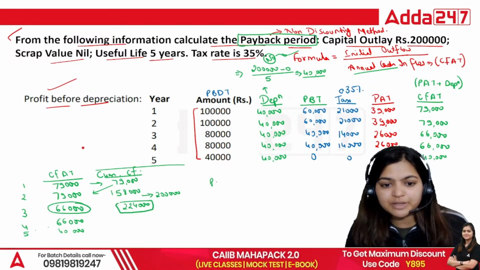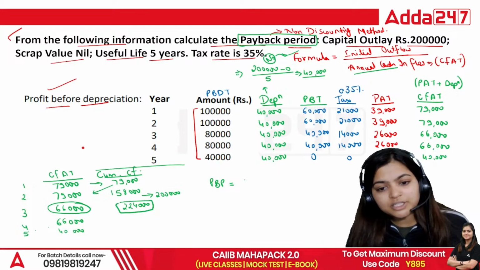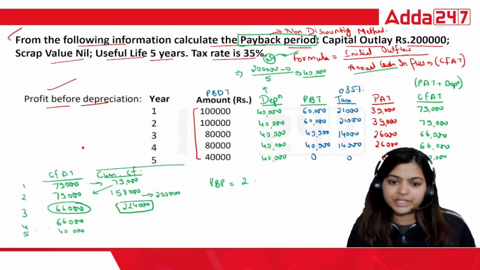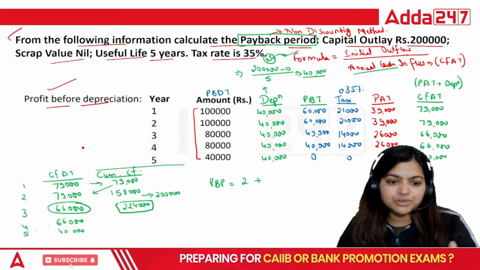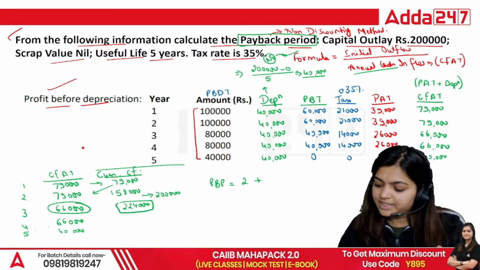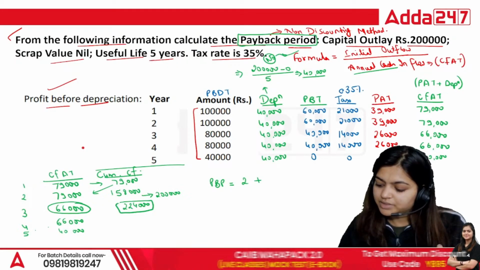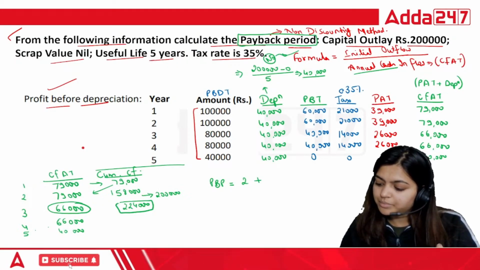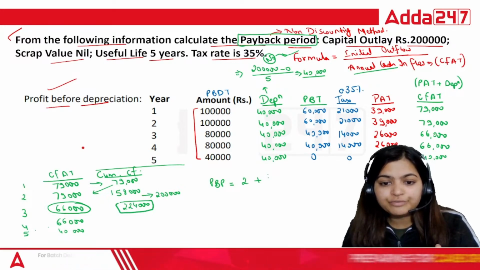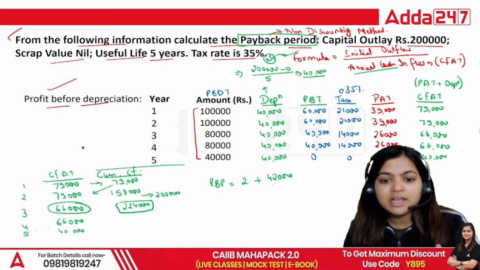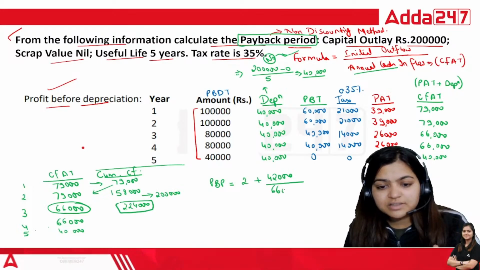Now, how to calculate payback period here? Till 2 years, we are going to work for full year. Now, if you see how much extra we want: 2 lakh minus 1,58,000. We want extra 42,000 from 66,000.